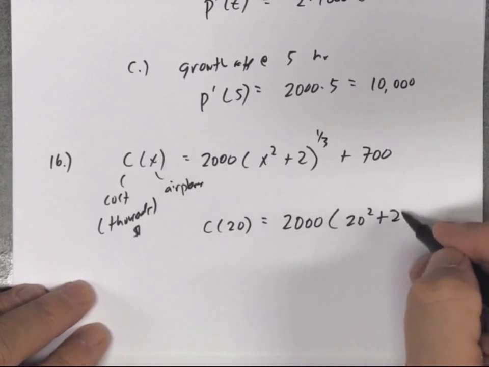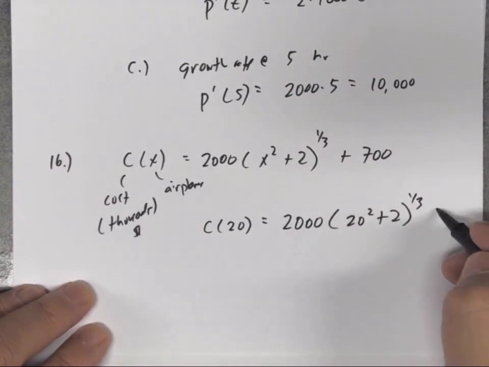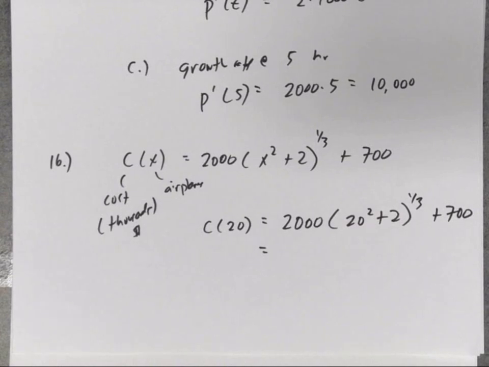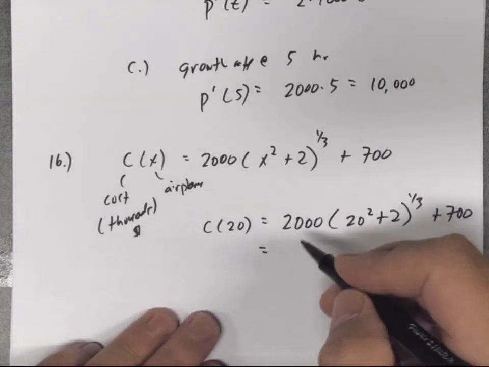So 20 squared plus 2, all raised to the 1/3. So you definitely have a calculator for this. So 20 squared is 400. So it's 402, raised to the 1/3 power, times 2,000, plus 700. 15,461.